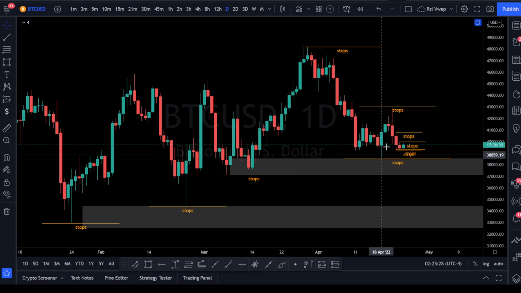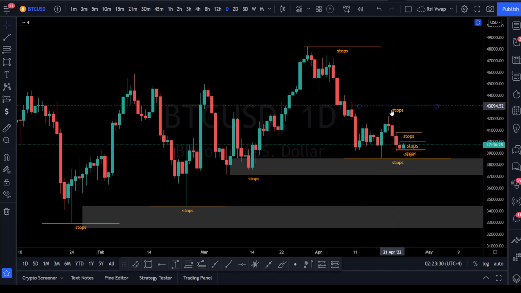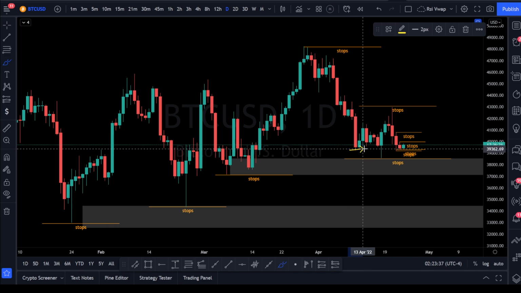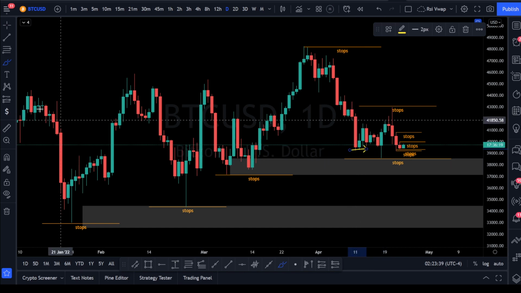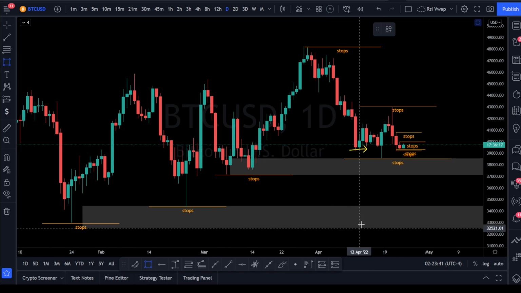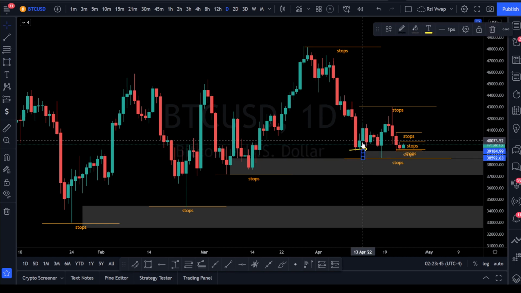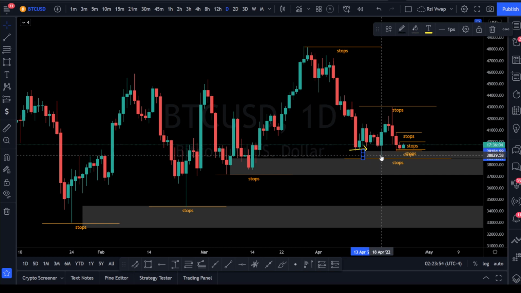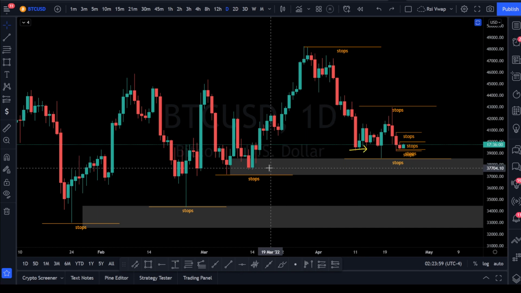So if you're looking to buy over here for a push up, and below these two lows there are stop losses, what you're going to do as a big money player is wait for the market to come down and liquidate these stops, which triggers a limit sell, and it's going to sell right into your order. So your order gets filled, and then the market moves back in a different direction.